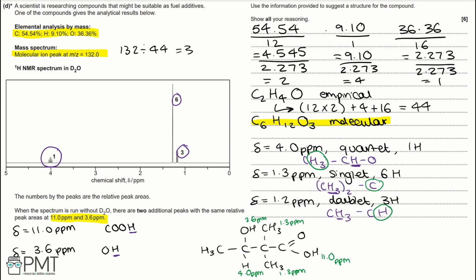And finally, our doublet, that's going to be this one on the end with our 1.2 ppm, because it's connected to a carbon with 1 hydrogen, so it's going to have a doublet splitting pattern.